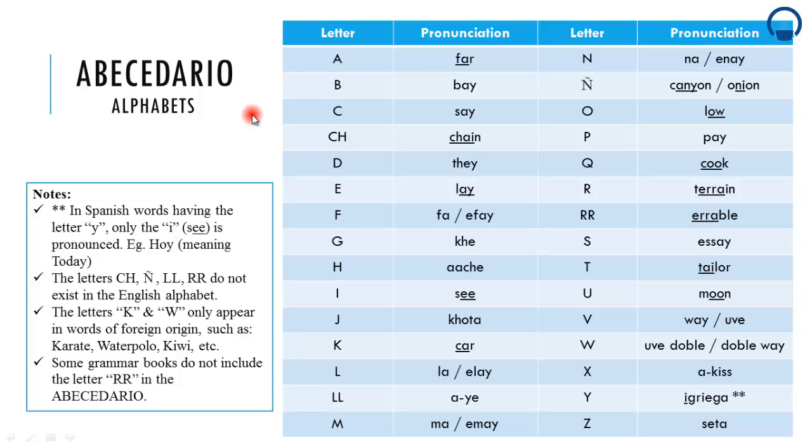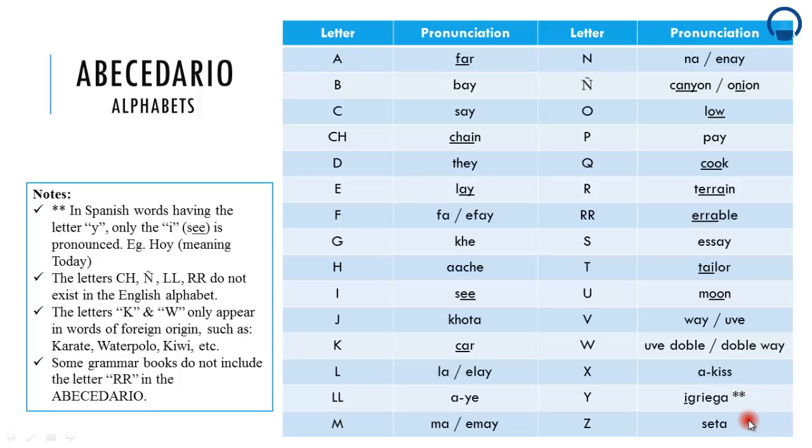Hear them carefully. A, B, C, Ch, D, E, F, G, H, I, Khota, Ka, L, Ia, M, N, Anye, O, P, Q, R, R, S, T, U, V or UV, UV doble or W, Akis, Y and Zeta.